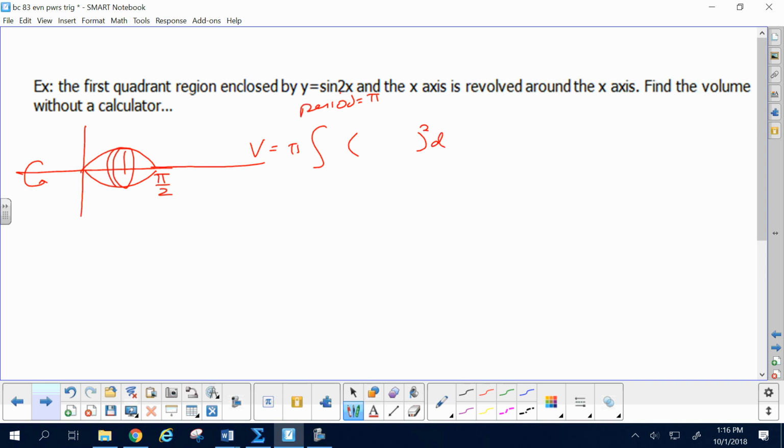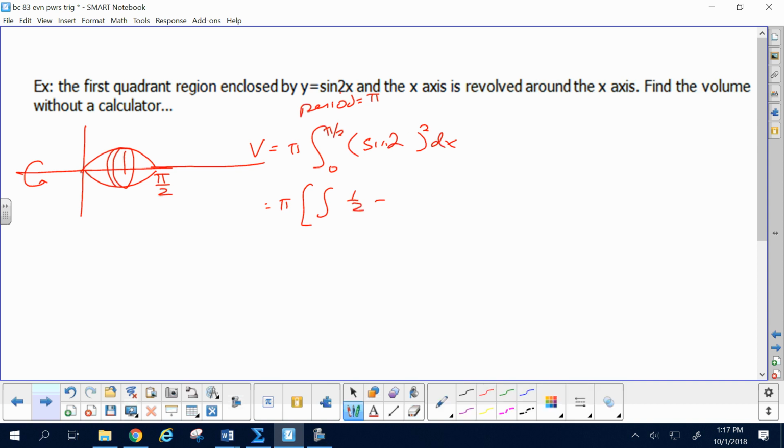It's just x because we're around the x-axis, and it is sine squared from 0 to pi over 2. The antiderivative. Oh. Did I make a mistake? Oh, 2x. Thank you. Yes. Oh, shucks. What a mess. Sorry.